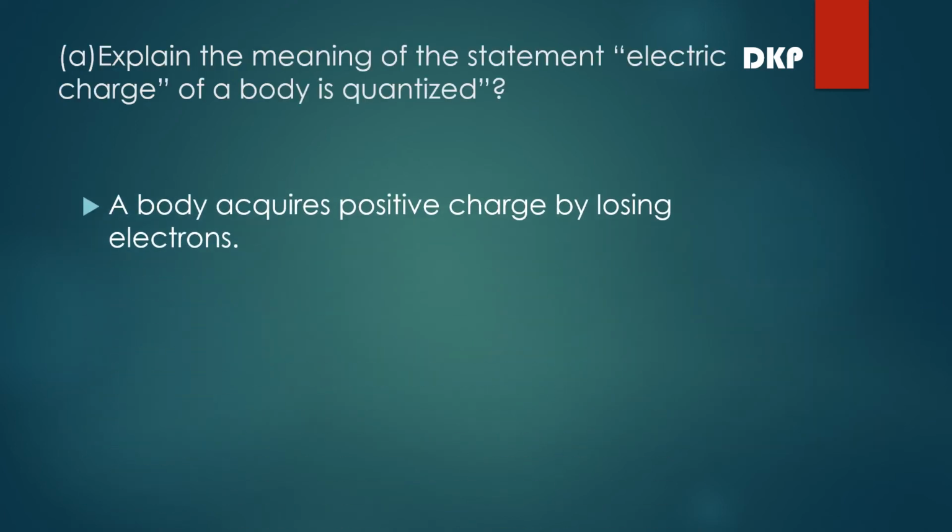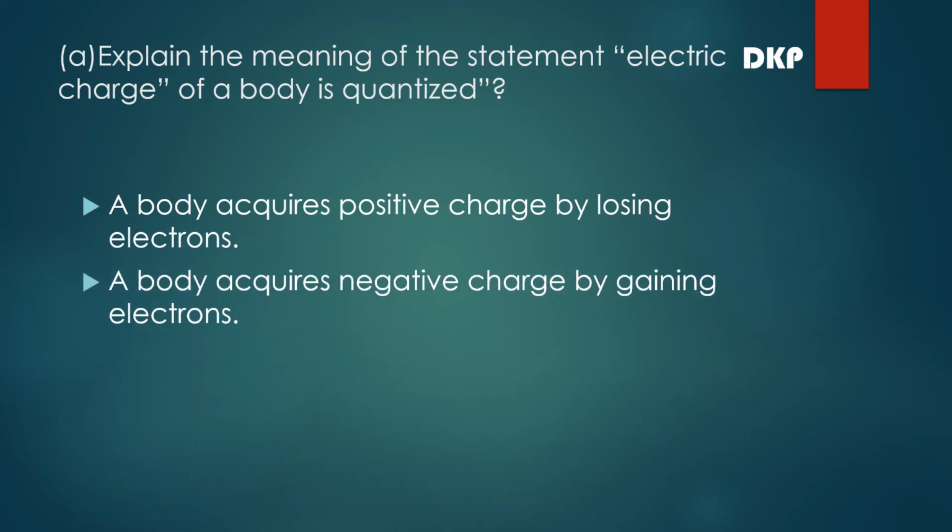A body acquires positive charge by losing electrons. A body acquires negative charge by gaining electrons. When an electron moves out of the body, it leaves a hole inside the body, and this hole is having a positive charge.